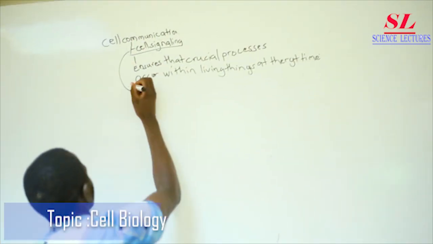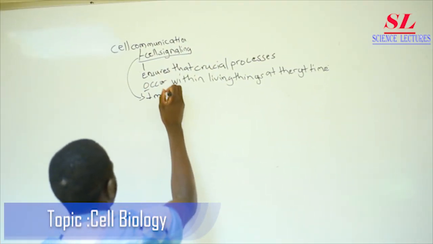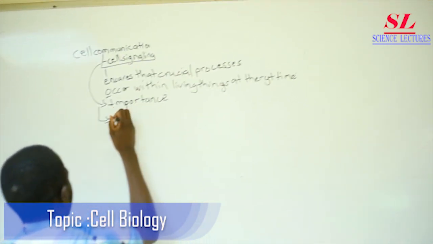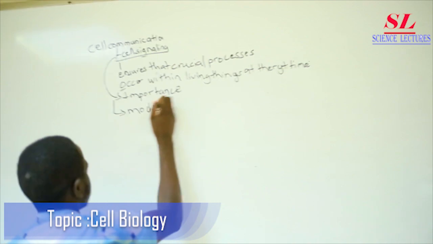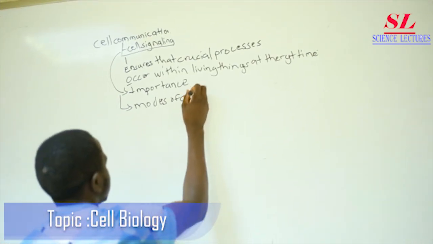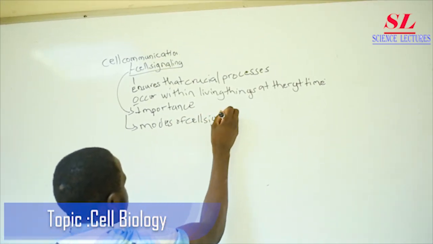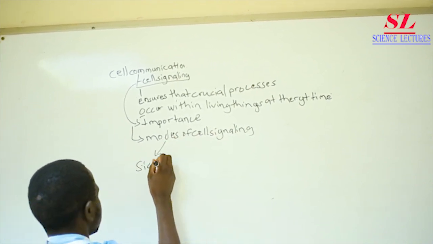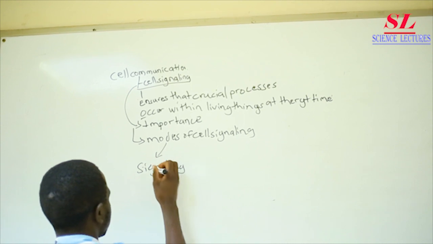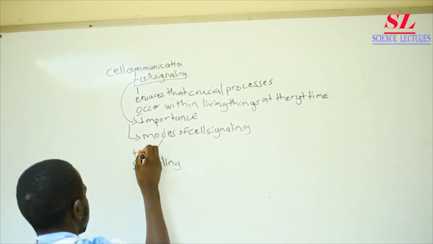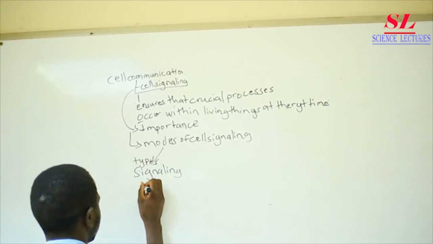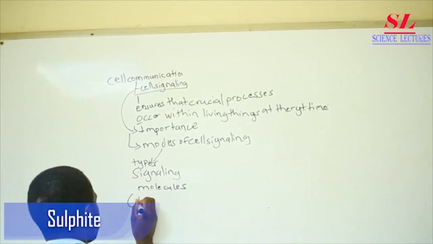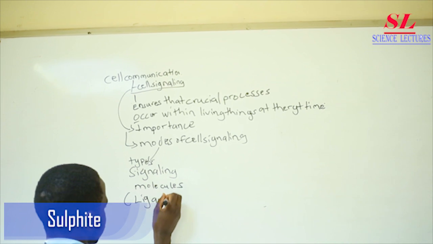So under cell signaling, we are first going to look at its importance. Does it have any importance? After that, we shall look at the modes of cell signaling. Under here we shall see the various types of signaling molecules, or what some books call ligands.